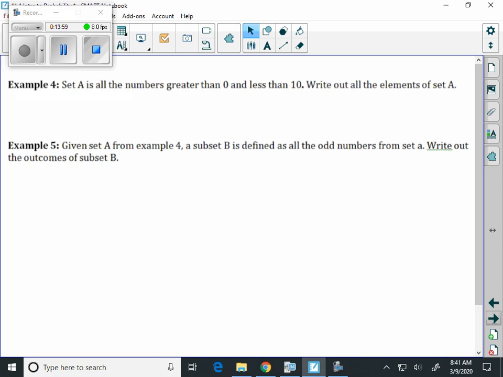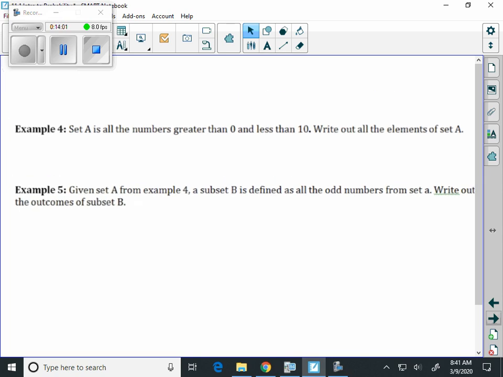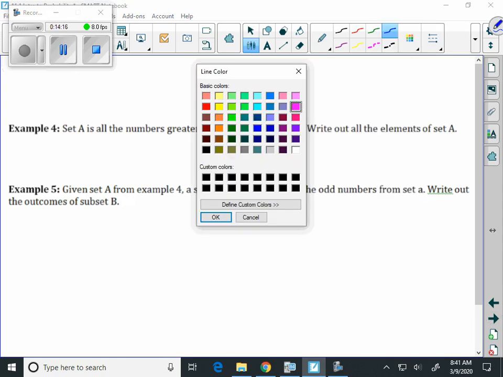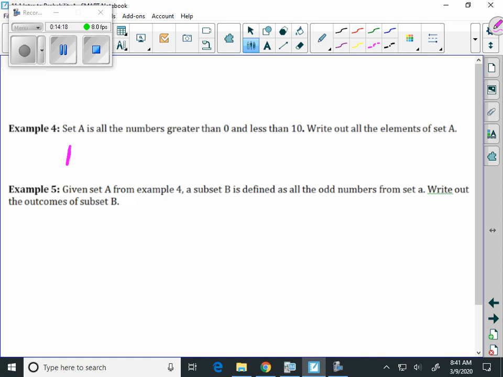So if we look at example 4 here, it says set A is all the numbers greater than 0 and less than 10. And so it says write out all the elements of set A. Well, if we take a look at this, we're going to say A equals, to identify that we're working with set A, and then all of the numbers greater than 0.